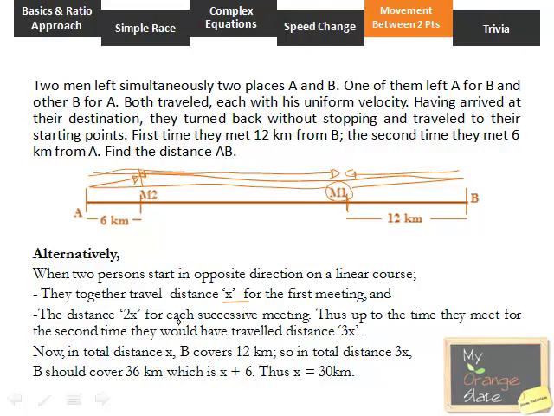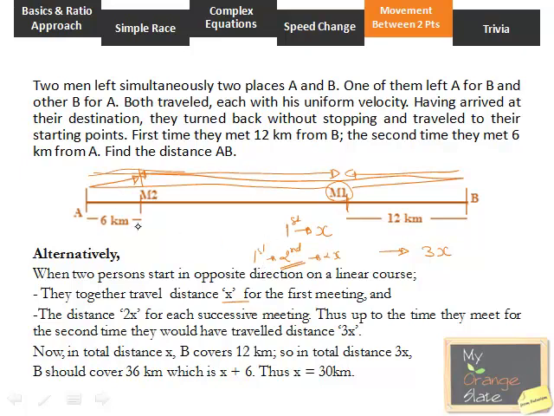The distance 2x for each successive meeting. So for the first meeting, it is x kilometers. For the second meeting, that is first to second, it is 2x kilometers. So by the time they meet for second time, the total distance traveled by them together is 3x.